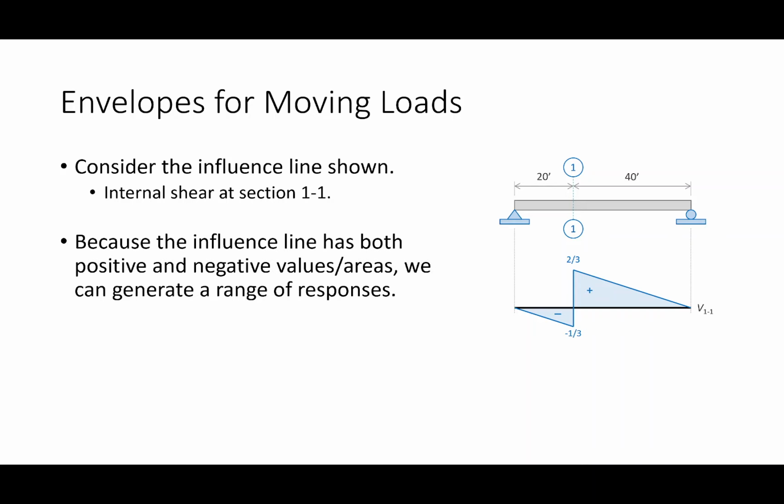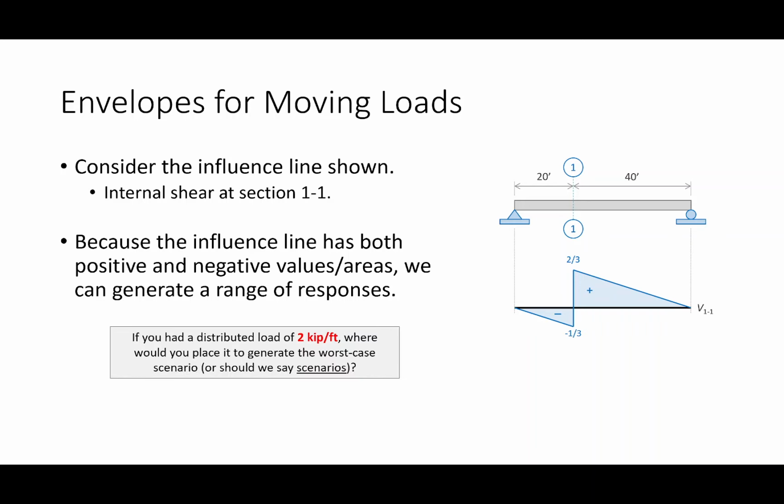Now, the influence line has negative area and it has positive area. We already talked about this a little bit in some of our examples, so hopefully I've set you up for this. So, going back to this, if I had a 2 kip per foot distributed load, where do I place it to generate the worst case scenario? And the way I worded that question is incorrect, because it really should be worst case scenarios. Okay?